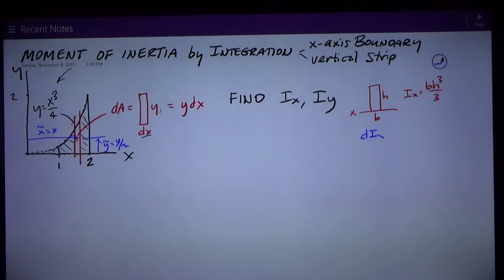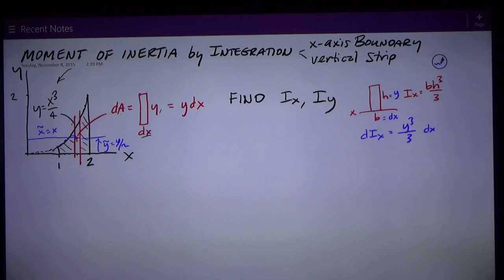The derivative of the moment of inertia of a rectangle about its base axis: b is equal to dx, and h is equal to y. Therefore, dIx is equal to y cubed divided by 3, dx.